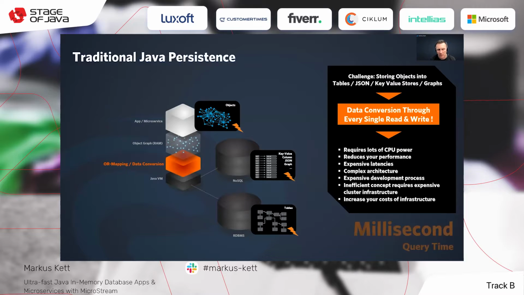For the NoSQL databases, we need a data conversion to convert data into the database-specific data formats. And vice versa, we also have a data conversion or code generation. Which means we have code generation and data conversion through every single read and write.